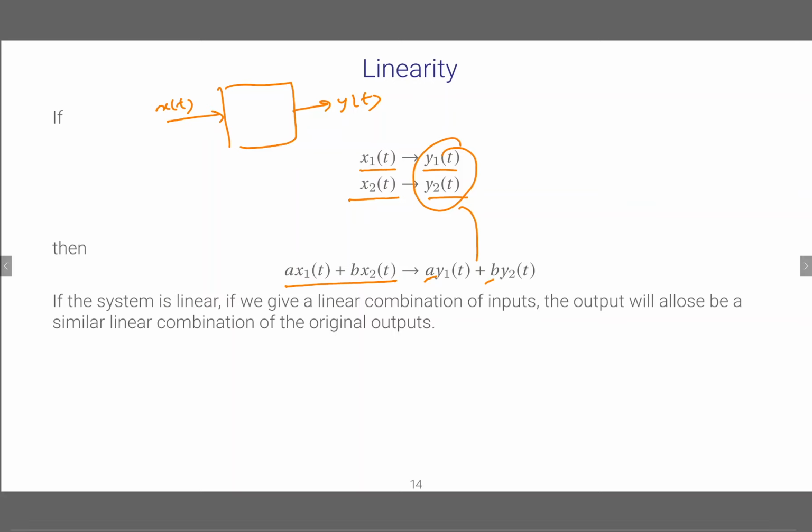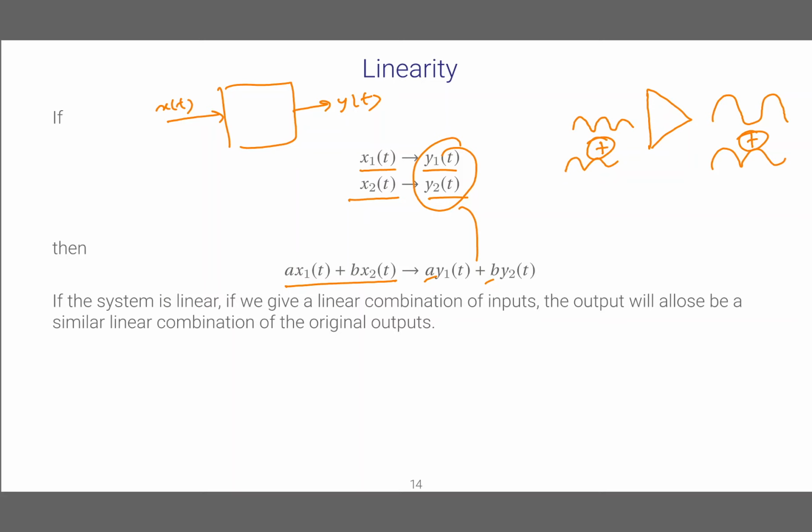Now let's consider an audio amplifier, for example. To this audio amplifier, you give a small signal and it gives an amplified signal. If you have two signals added, the two outputs will be added. What this means is the amplifier is operating in its linear range.